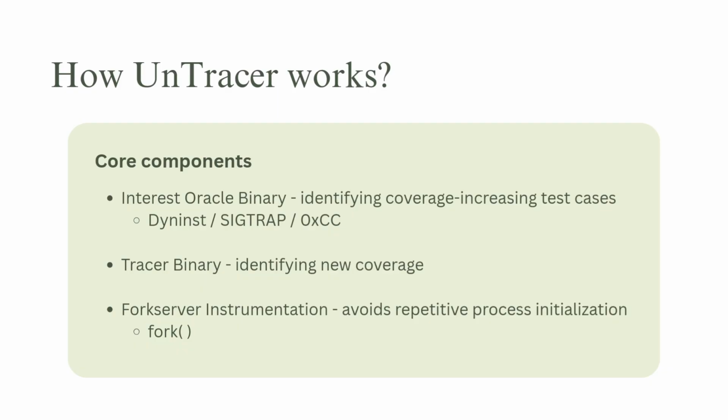This indicates the input is a coverage-increasing test case because it reaches a new block. The coverage-increasing input is then sent to the tracer binary for execution. Each basic block in the tracer binary has a callback function inserted by DynamoRIO, so during execution, it records all the blocks covered by that input and updates the coverage information.